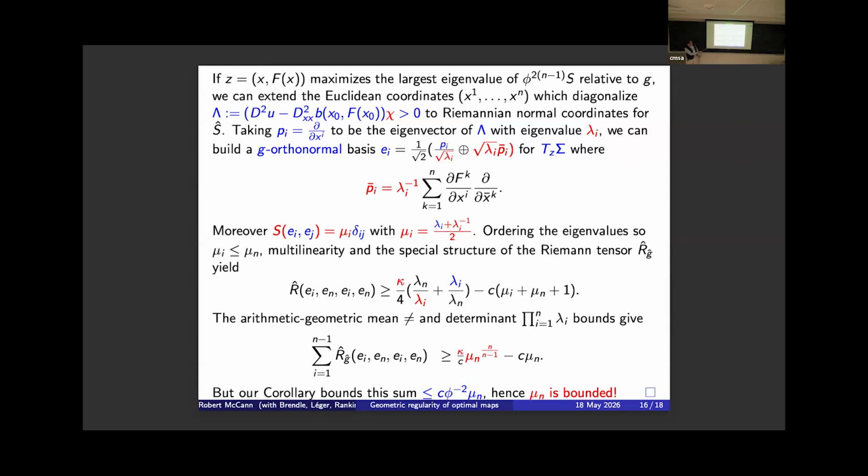And on the other hand, in our first lemma, we had an upper bound for this trace at the maximizer. We had that this trace was less than, I'm thinking now of a test function which is like 0 on the boundary, but 1 in most of the interior of the domain. So you can sort of think of the test function as being 1. And this was less than something linear in the mu n's. And here I have superlinear, and it's less than something linear, and that tells me the mu n can't be too big. And that's my a priori bound.